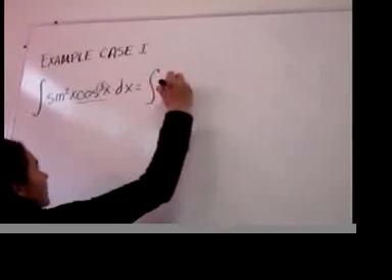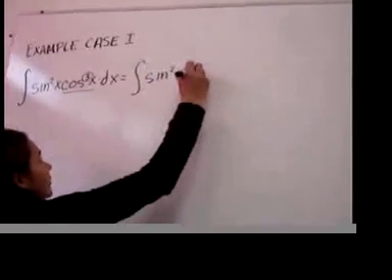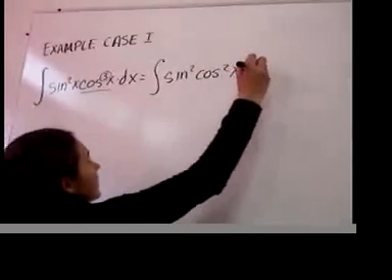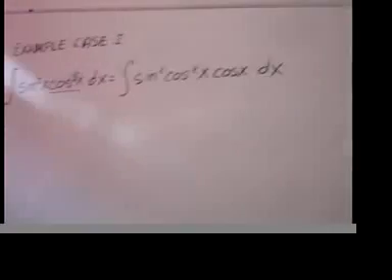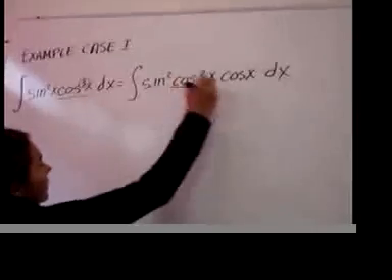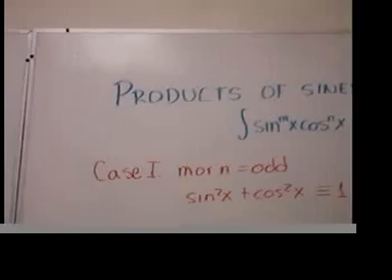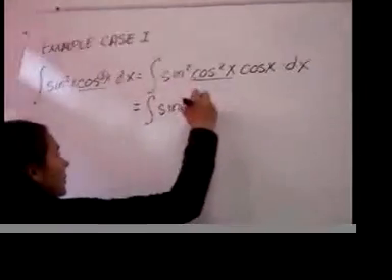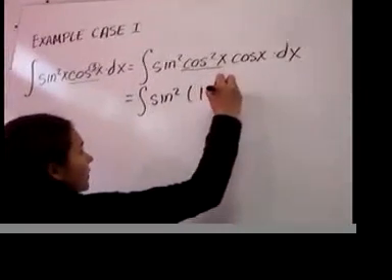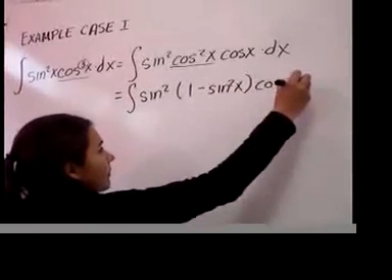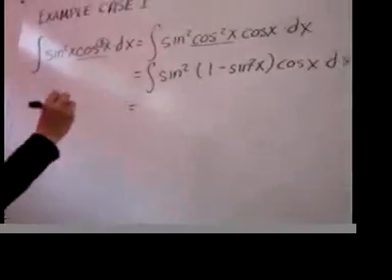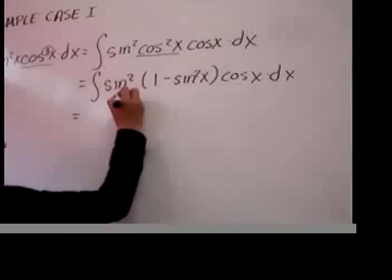Sine square of x times cosine square of x times cosine of x times dx, and then substituting this formula in the integral. And then do this product.